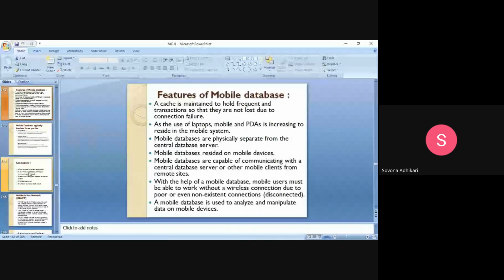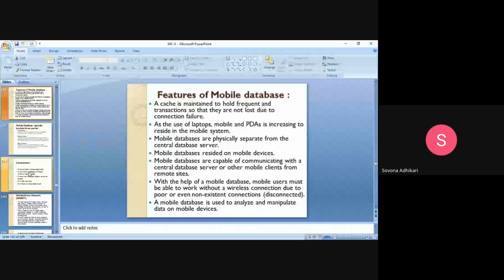There are some features of mobile databases. A cache is maintained to hold frequent transactions so that they are not lost due to connection failure. As we discussed, a local cache is maintained to store the frequently accessed data.